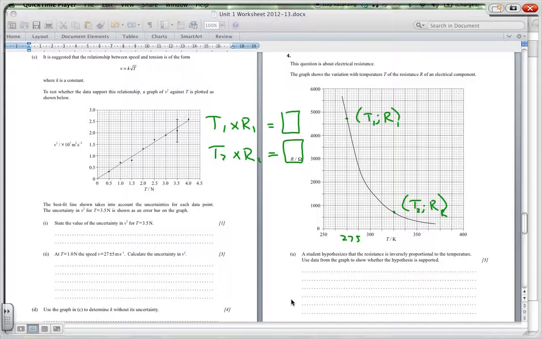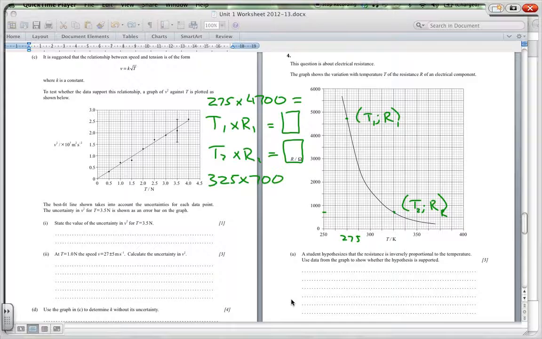So for that one, I'm going to get 275 times 4,700, and I'll multiply that out. And for this one over here, I'm at 325, and my resistance is 700, so it's 325 times 700. Let's work both of those out.